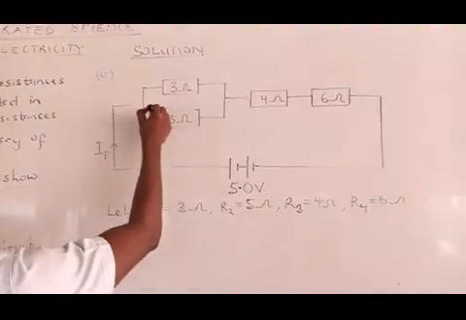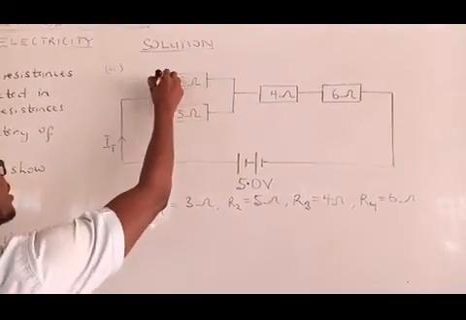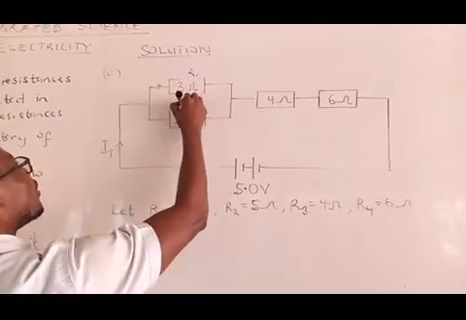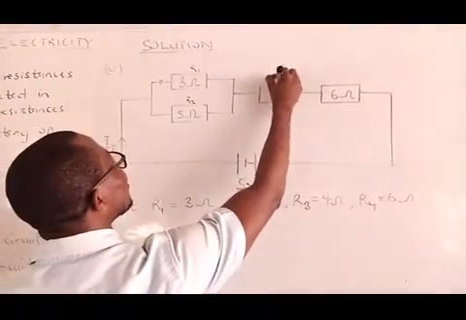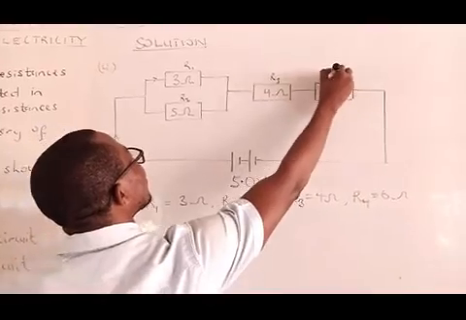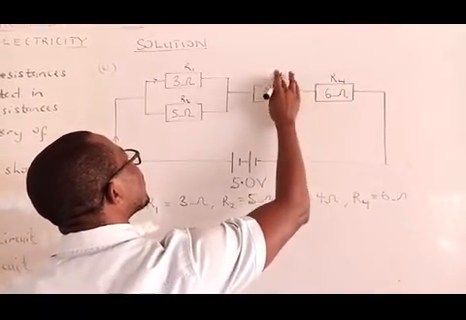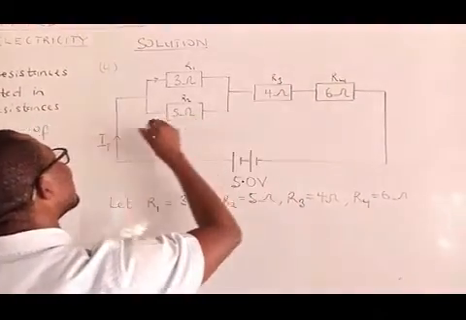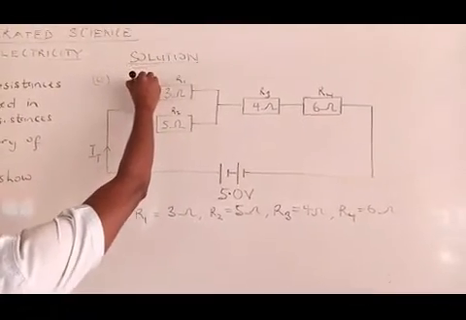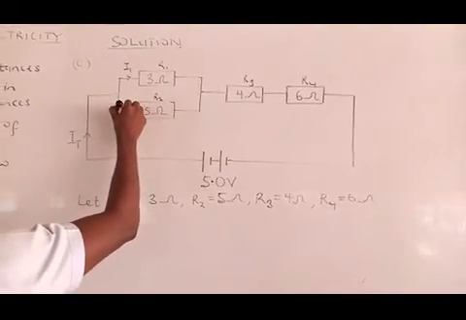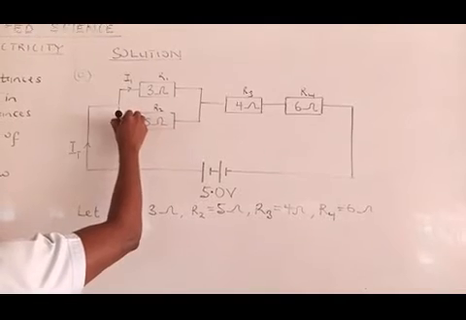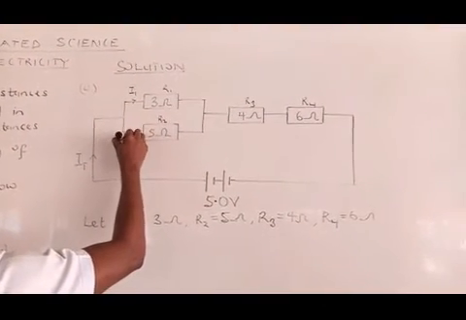So let's also say the current splits here, because this is R1, this is R2. So the current here will be I1, and the one flowing through this one will be I2.